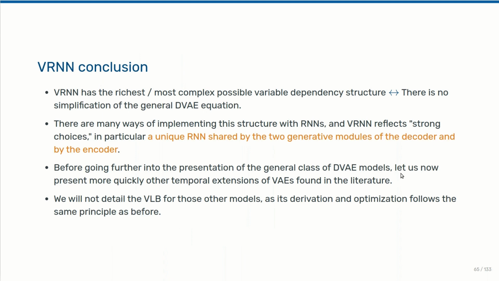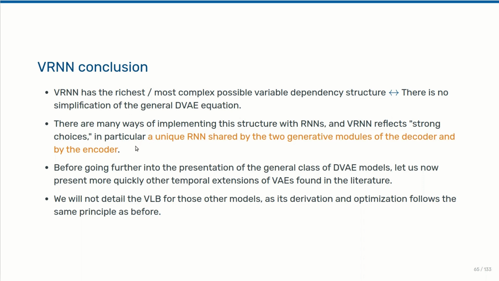So as we have said, variational recurrent neural networks have the richest dependency structure. And another way to say that is that there is no simplification with regards to the general DVAE equation. As we have already said before, DVAEs can be implemented in many ways.